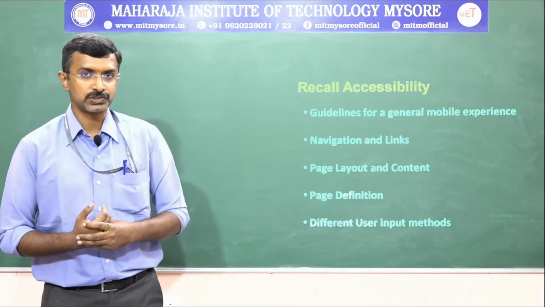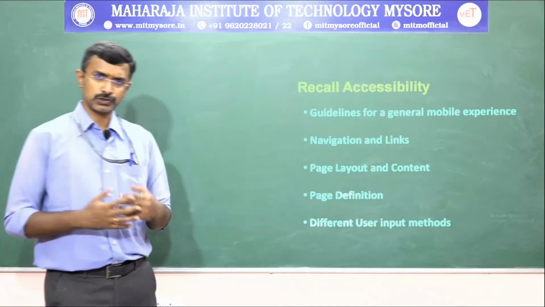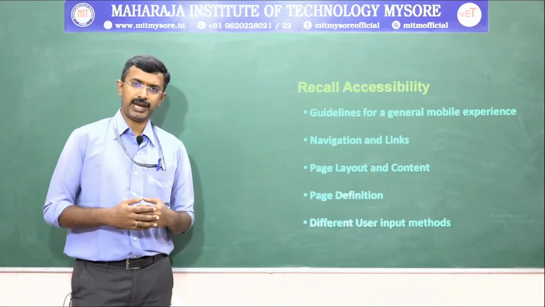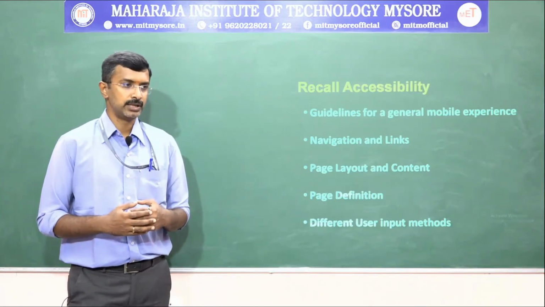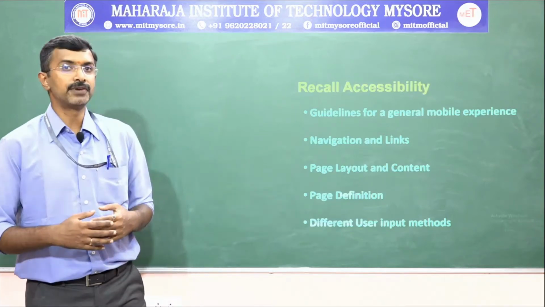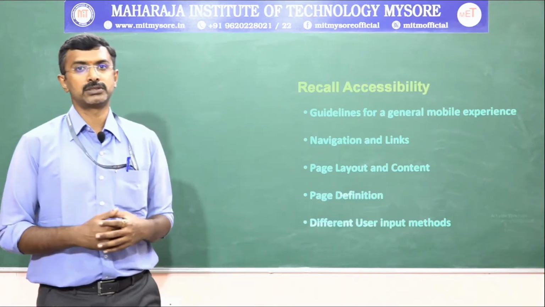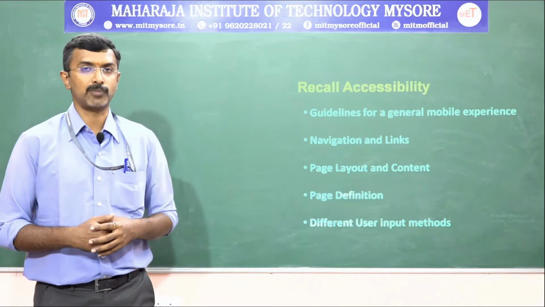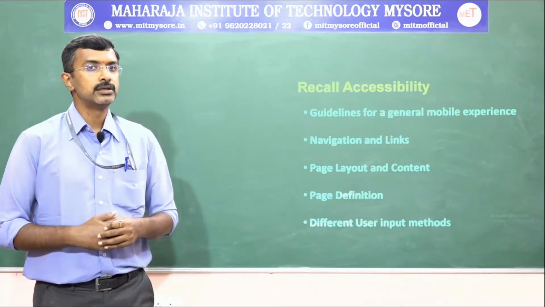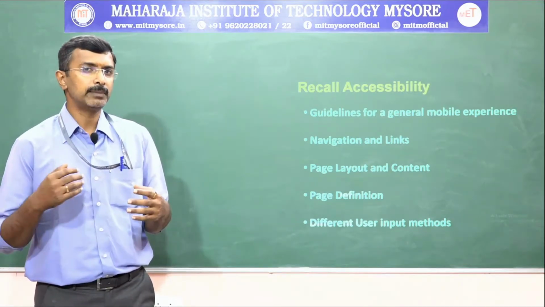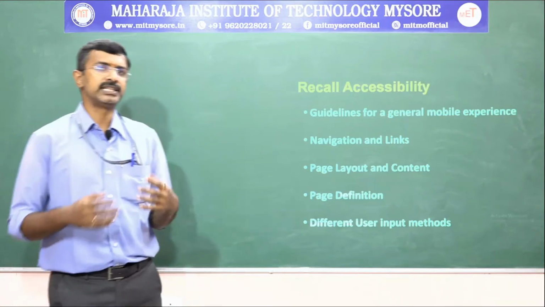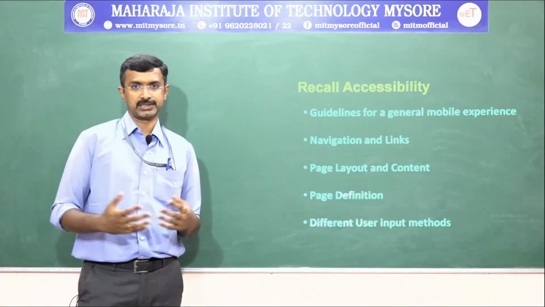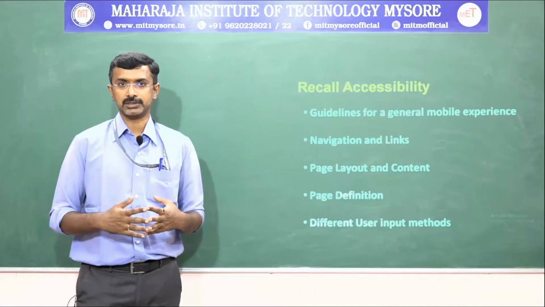Then the page definition, where every page, every activity should have its own definition. Then we spoke about the different user inputs which come while using a mobile. So in the previous class we exclusively discussed mobile application users.